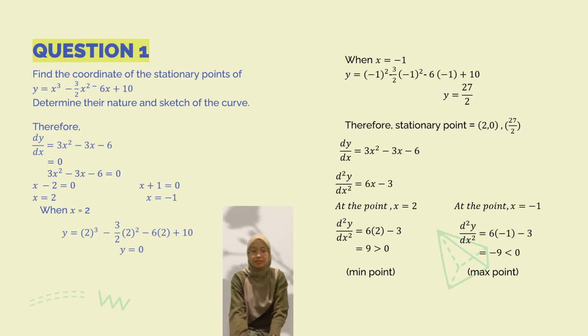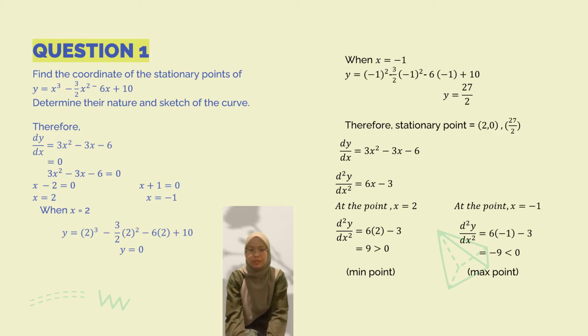After we differentiate, we get 3x^2 minus 3x minus 6. Then dy/dx equals 0, so 3x^2 minus 3x minus 6 equals 0. We use the calculator to get x. x has two answers: x equals 2 and x equals negative 1.